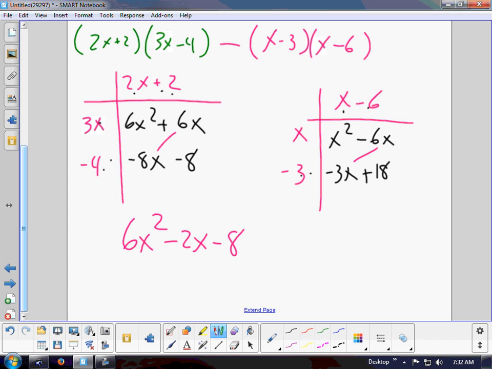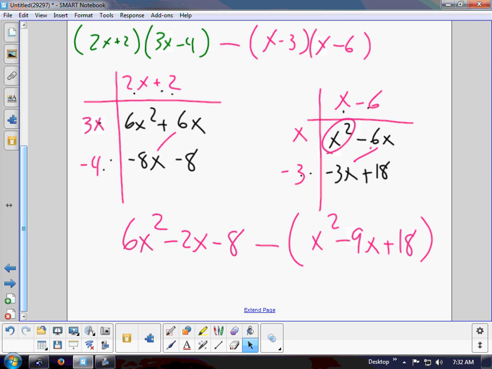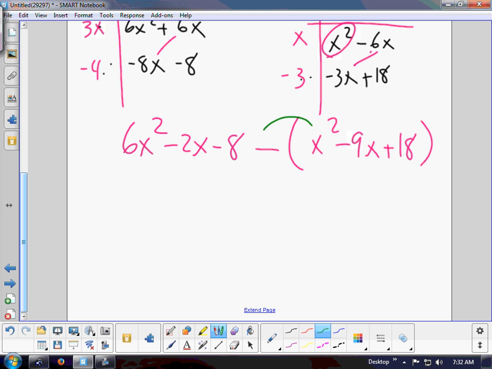And that's the large area, minus the small area, which is going to be x squared, this and this is negative 9x, if I did that right, I think I did, plus 18. Okay, almost done. Last thing you need to do is distribute this negative, because we're subtracting the whole thing. That'll make us 6x squared minus x squared.